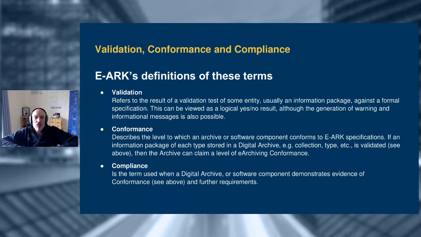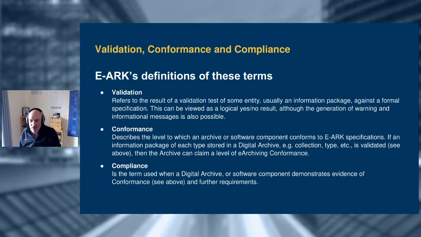Conformance we use to describe the level to which an archive or a particular software component conforms to specifications. And here, rather than just an information package that's produced, you would sample the outputs or the information packages stored by a piece of software, and you would try to get a representative sample. And you would validate each one of these in series.